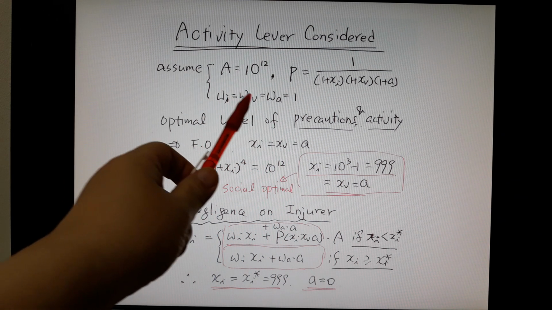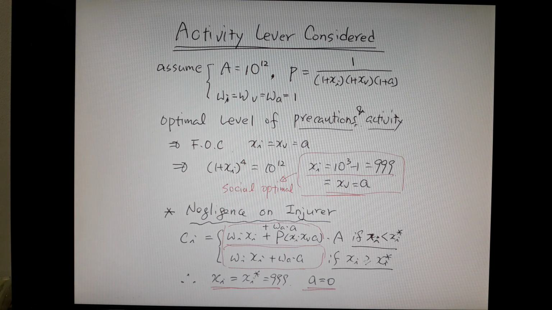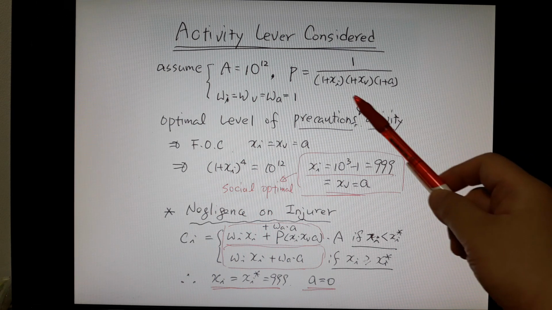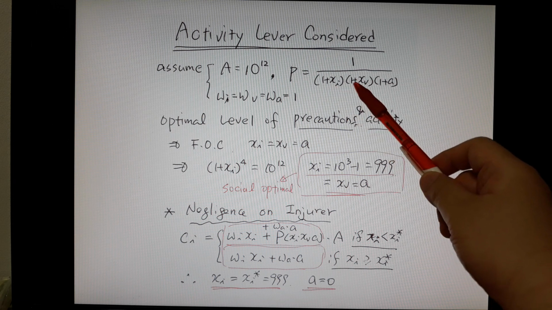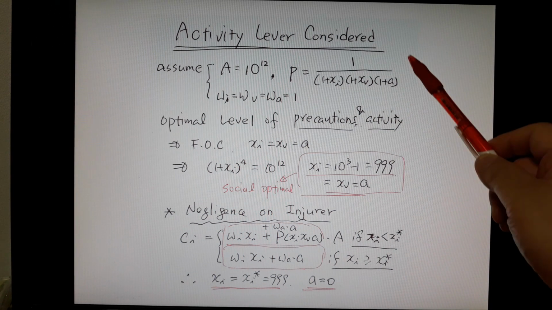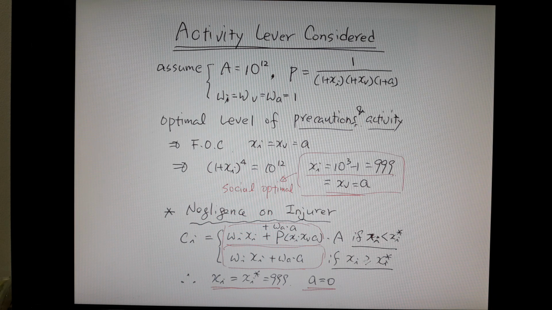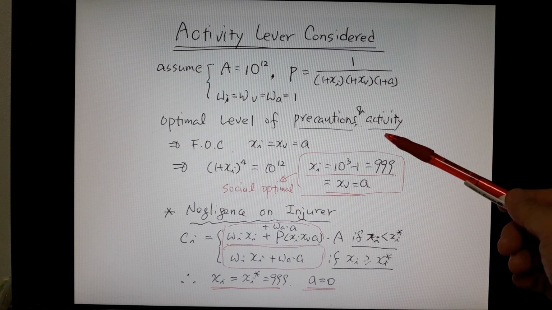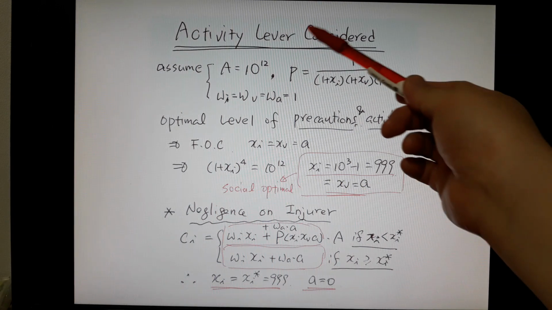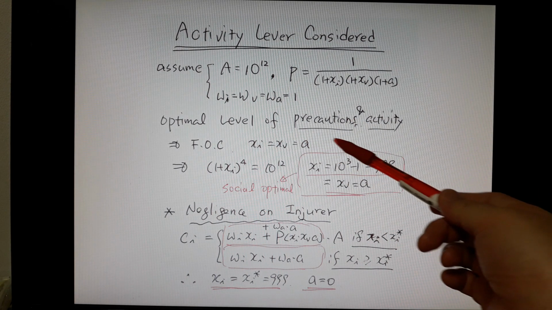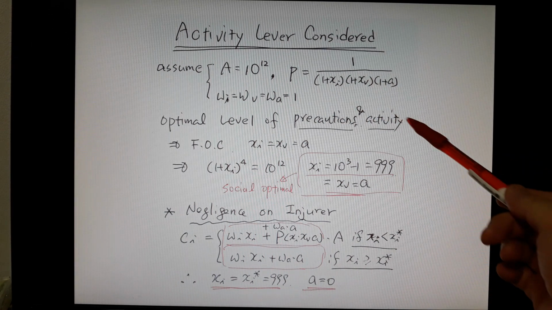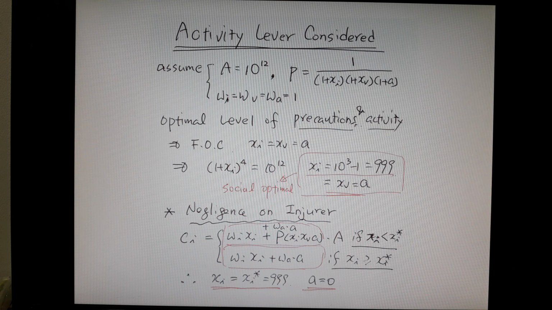And Wi, Wv, and now Wa are all equal to 1. And the probability includes not only 1 plus xi, 1 plus xv, but 1 plus a, because as the precaution on activity increases, the probability of accident decreases. So we have to find out the optimal level of precautions xi and xv and activity a. So let's find that out.